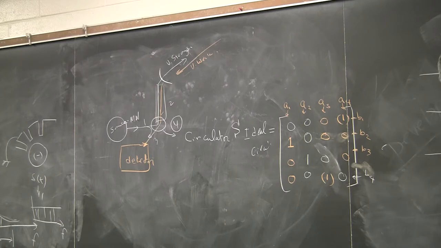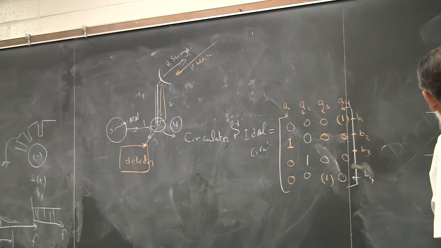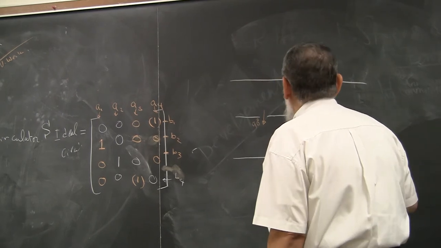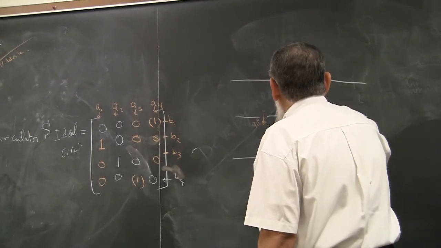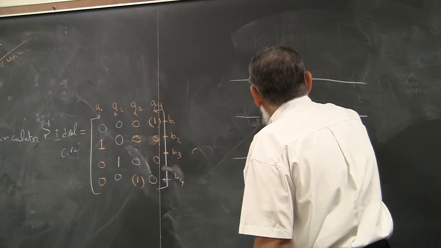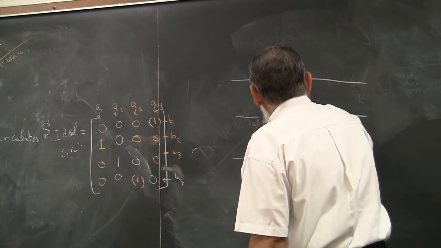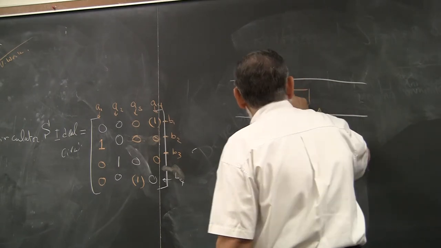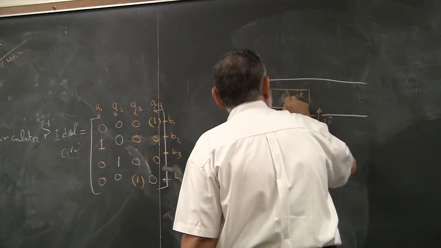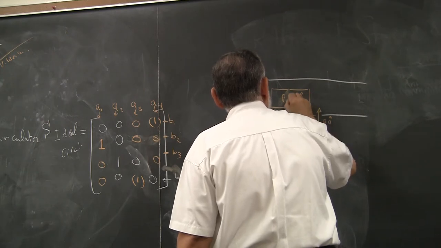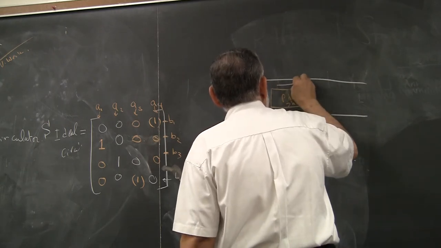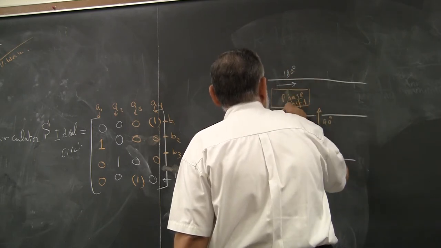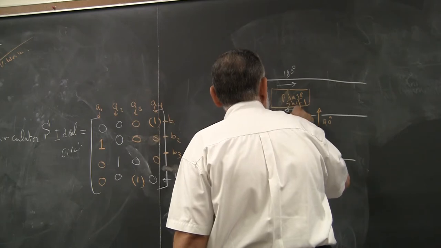So your signal coupling here would be 90 degrees phase shifted, and your signal coupling this way will be 90 degrees phase shifted. Meanwhile, you would introduce a phase shifter here in the media, 180 degree phase shift, and those phase shift components can be designed to give different phases in different directions. So you get 180 degrees this way and 90 degrees this way.